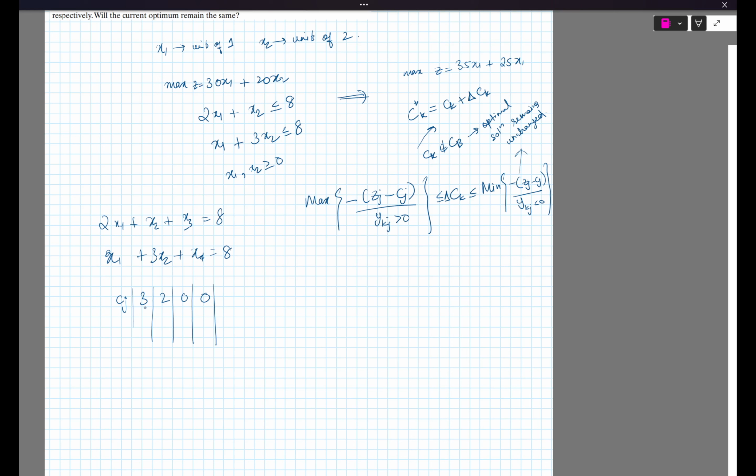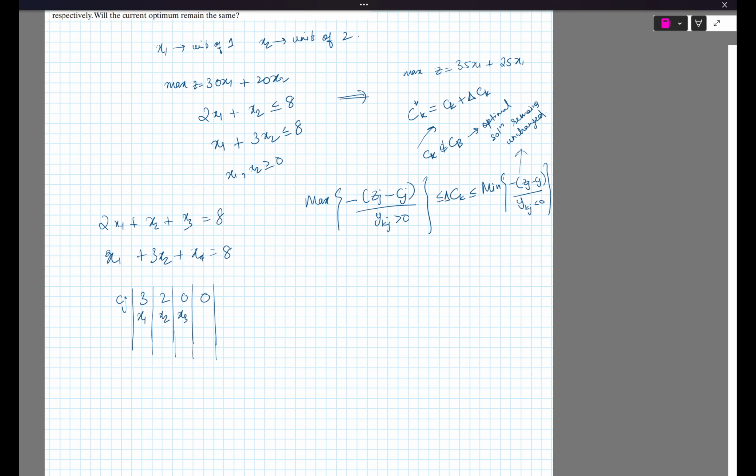And in the denominator ykj, what is that? That is the entry corresponding to the coefficients, whatever we get here. The coefficients that we get here.